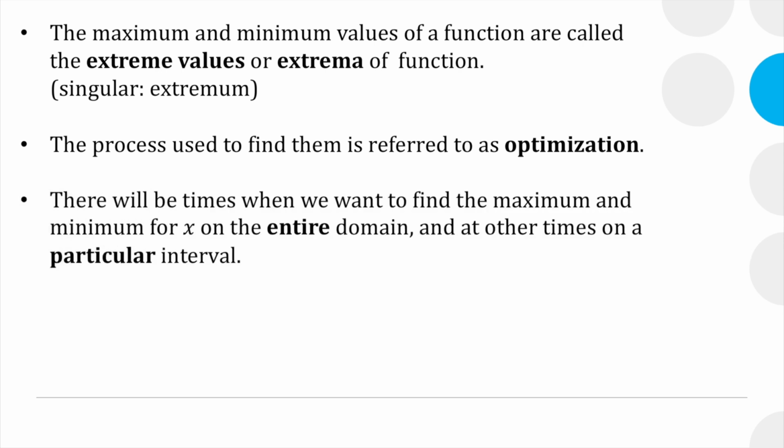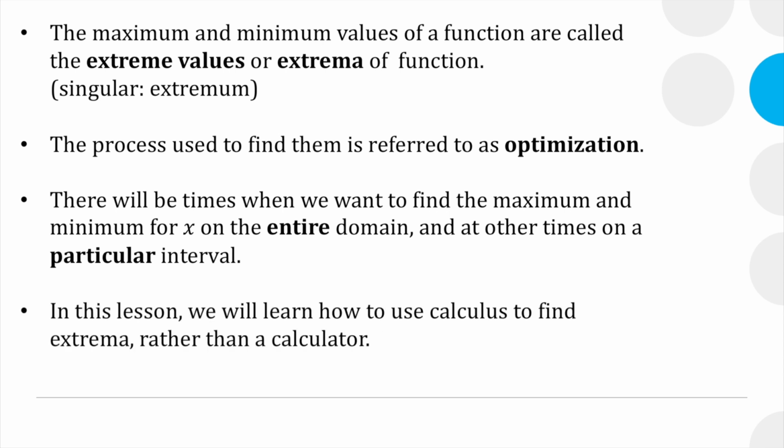There will be times when we want to find the maximum and minimum for x on an entire domain, and other times just on a particular interval. In this lesson, we're going to learn how to use calculus to find extrema rather than a calculator.